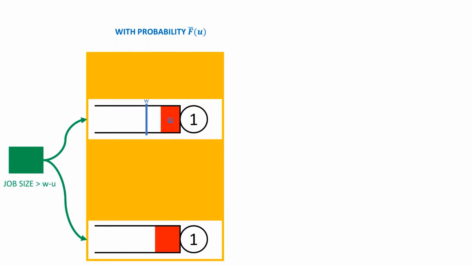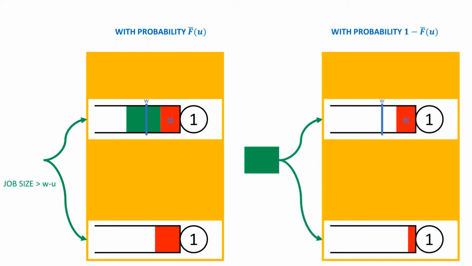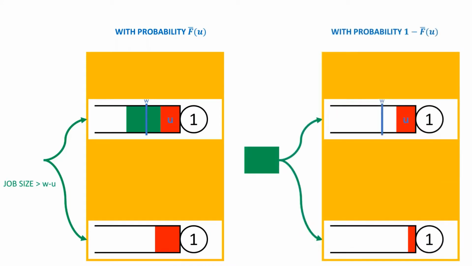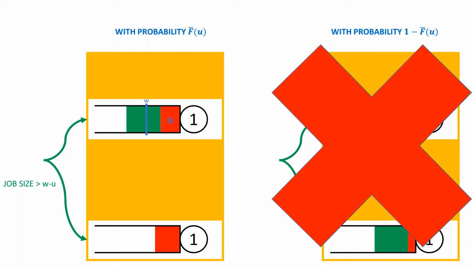In this case, we assign the job to the cavity queue, and we have an upcrossing in case the job size exceeds W minus U. In the second case, the second queue we selected has less work than the cavity queue, and the incoming job joins the other queue. We don't need to consider this case, as this will never lead to an upcrossing.